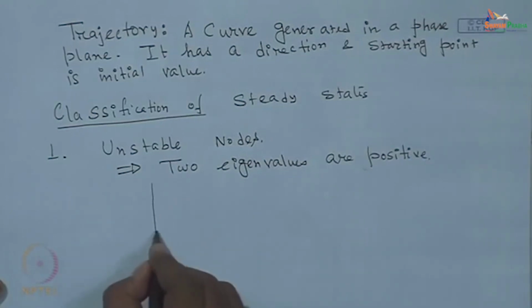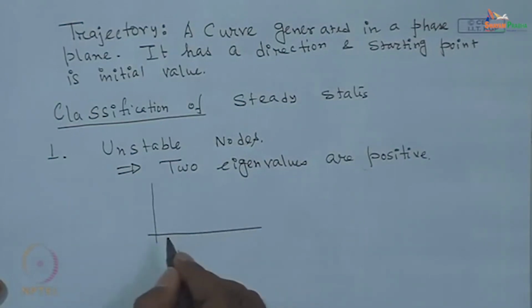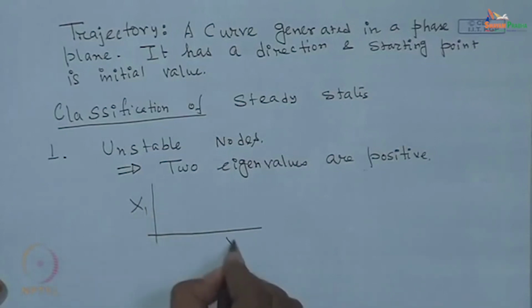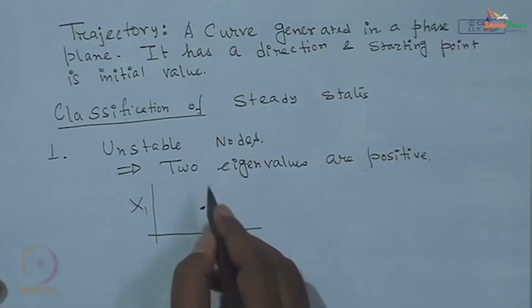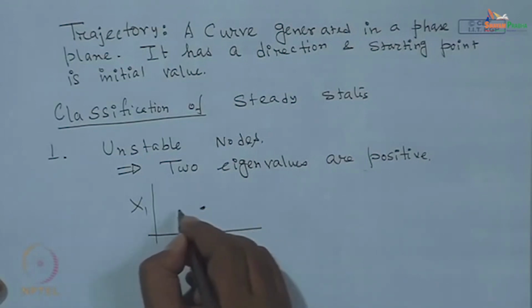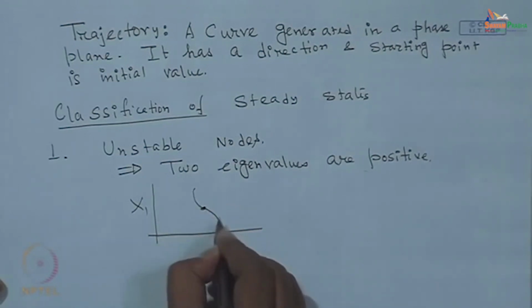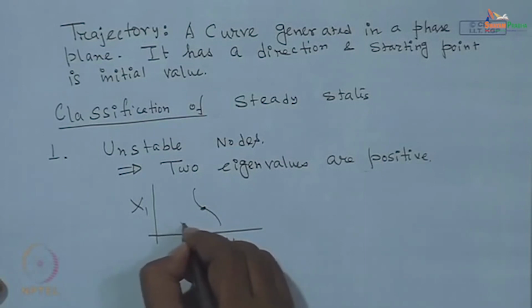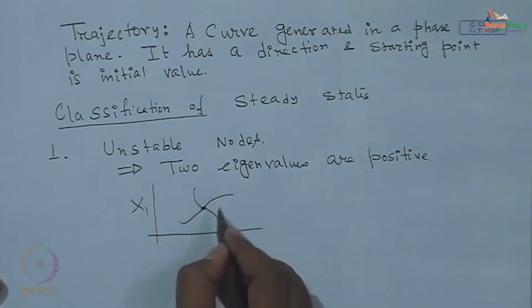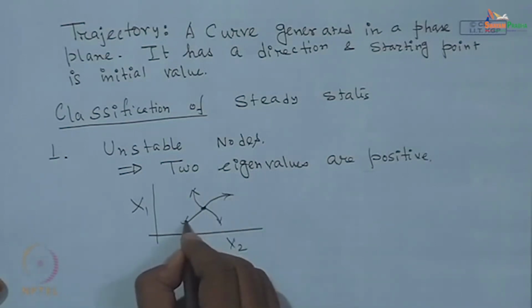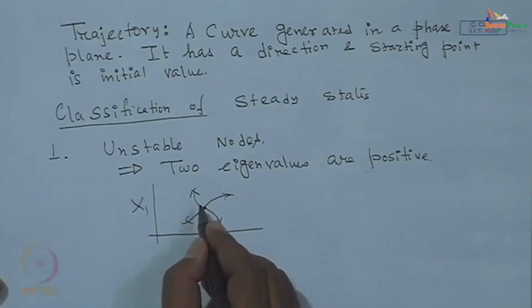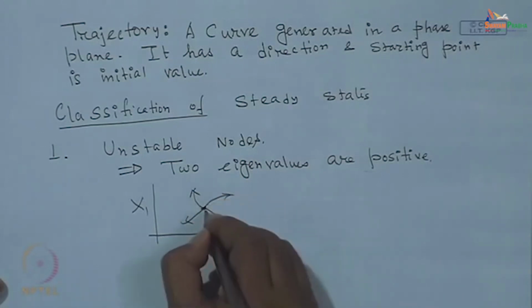And the phase plane plot looks something like this. So, you will have an initial condition here, then any deviation about the initial condition will diverge from this steady state, and this node is called an unstable node.